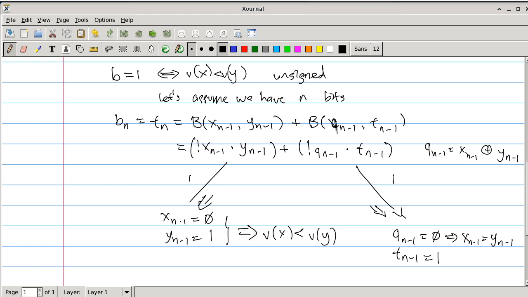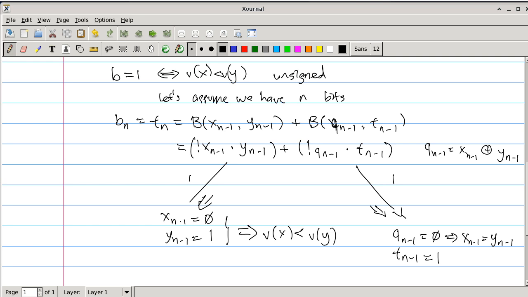But the conclusion is the borrow flag, the overall borrow flag, which I know here as T of n, is sufficient to tell us that the unsigned value represented by x is less than the unsigned value represented by y.